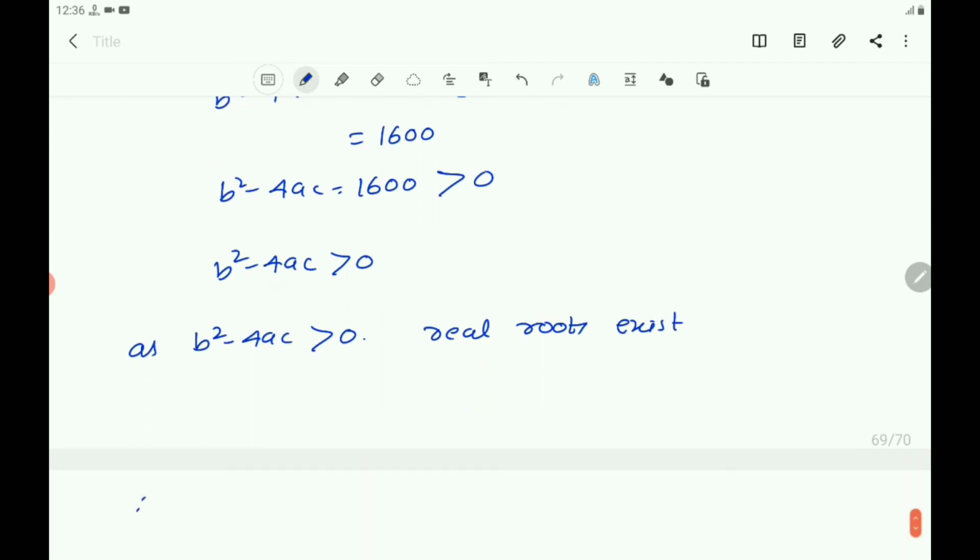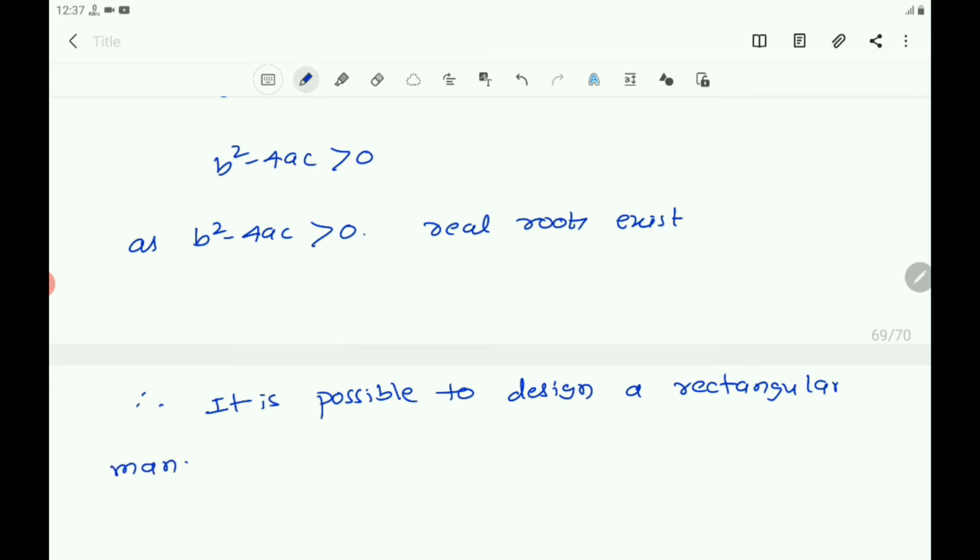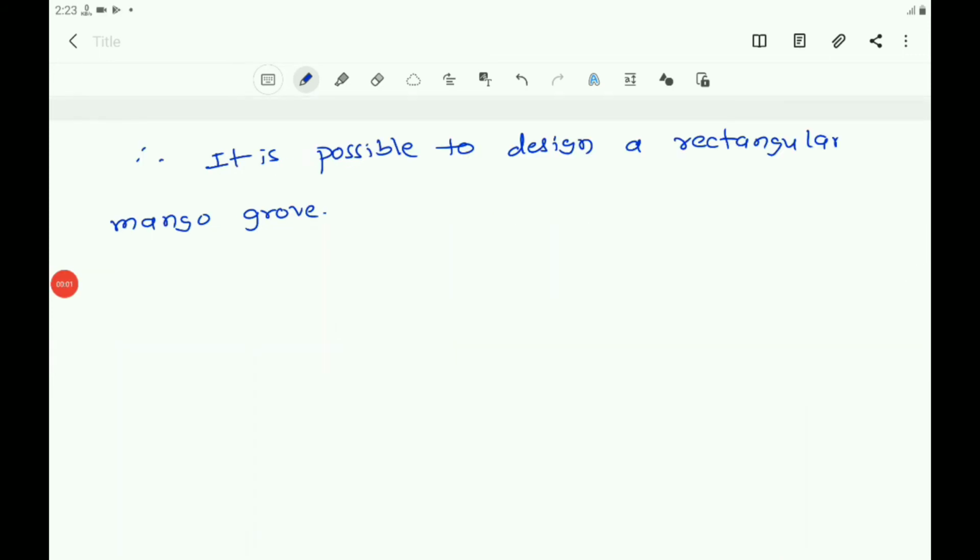Therefore, it is possible to design a rectangular mango grove whose length is twice its breadth.